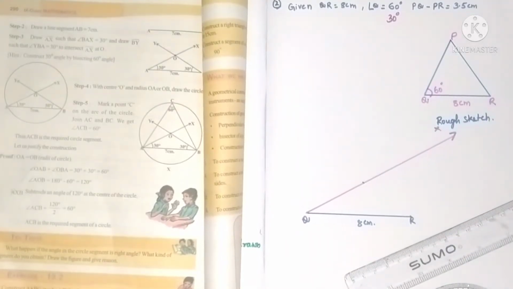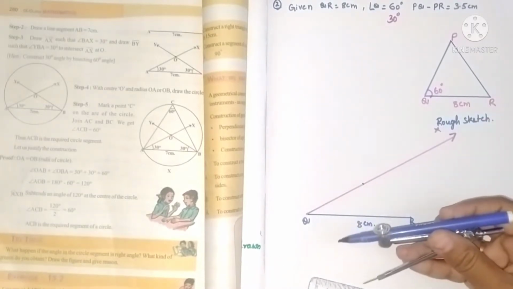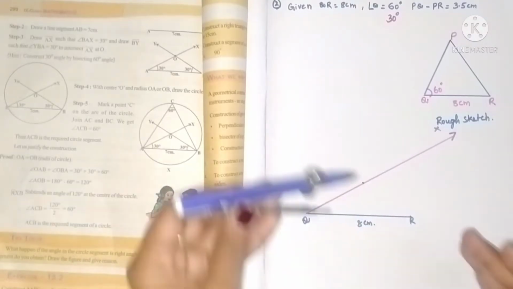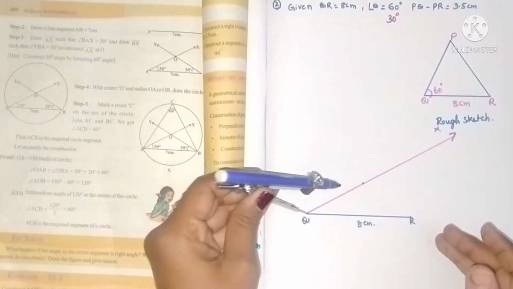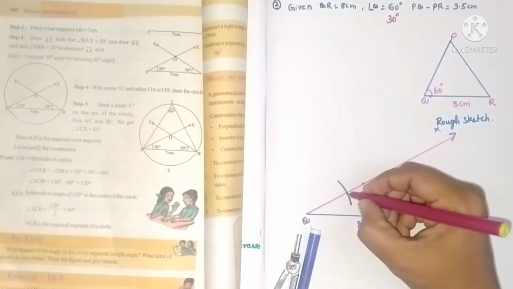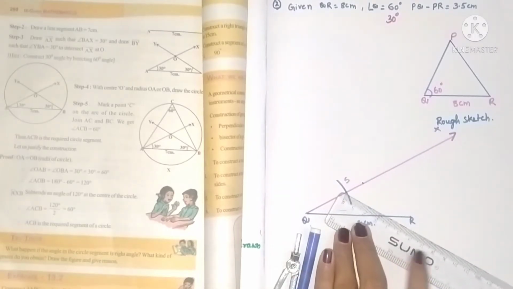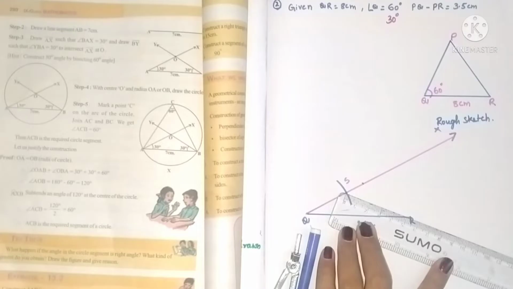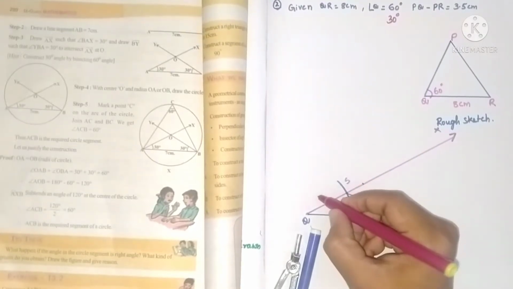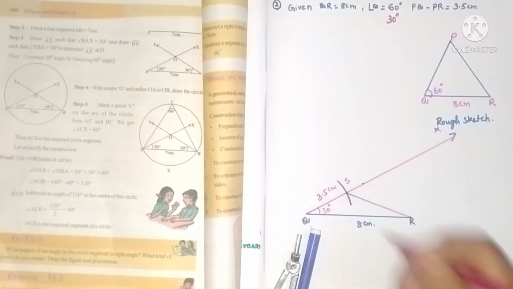Now what is the difference between PQ and PR? 3.5. So take the compass and measure the radius of 3.5. With Q as center, draw an arc like this. Take the intersecting point as S. Now join R and S. So this is 3.5 and this is 30 degrees.